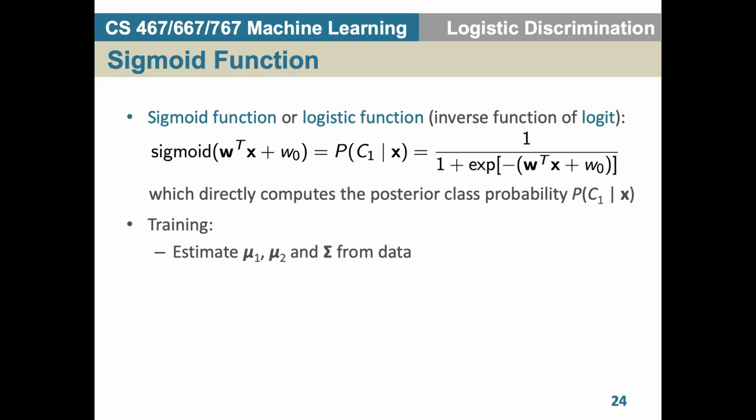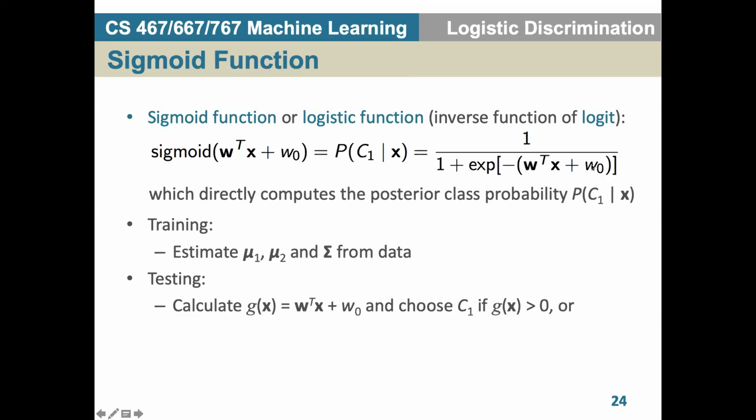And so if you want to go back to the previous case, then you just do training. From the data you estimate mu1, mu2, and sigma, right? And after that you will get w and w0, right? And then you throw x into this function, and you will get a score. Because w0 is already computed from the data, you can get this function for a particular x.